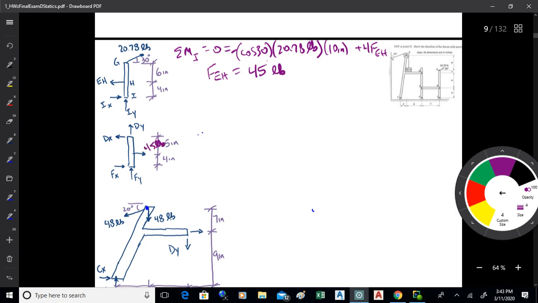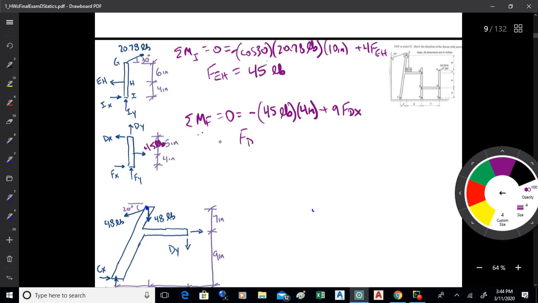Now I'll come down to DF, and I'll take moments about F and set that equal to 0. I've got the 45 pounds times 4. That's clockwise, so I'll put a negative on that. And then plus 9 Dx.